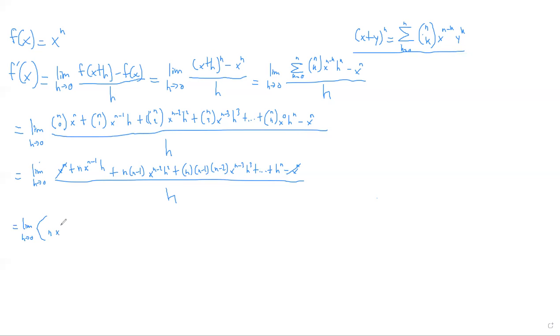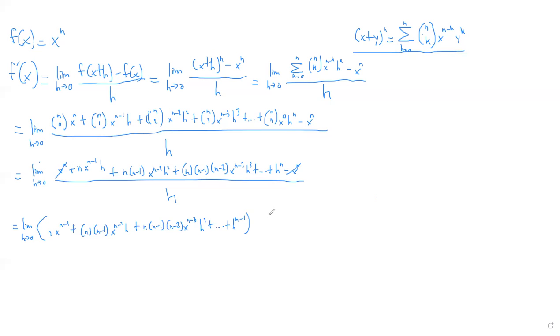So n times x to the n minus 1, plus n minus 1 times x to the n minus 2 times h, plus n minus 1, n minus 2, times x to the n minus 3 times h squared, because h cubed over h is h squared, plus dot dot dot plus h to the power of n minus 1.